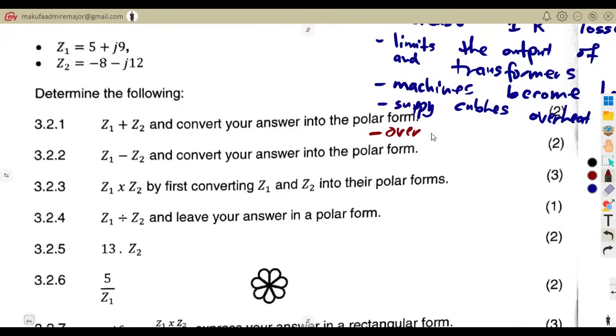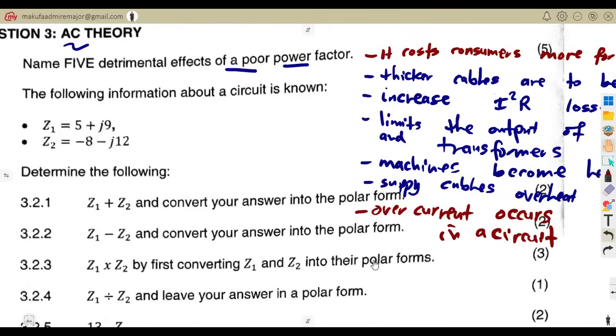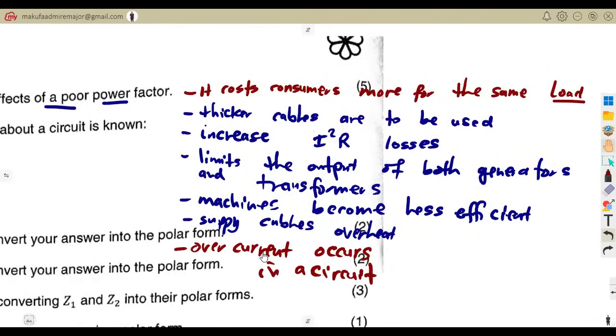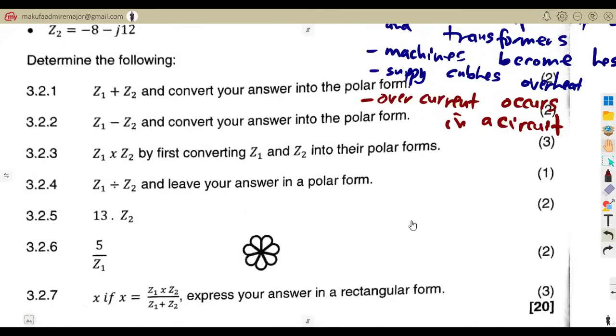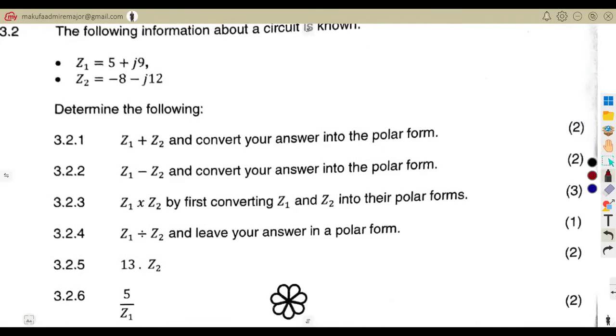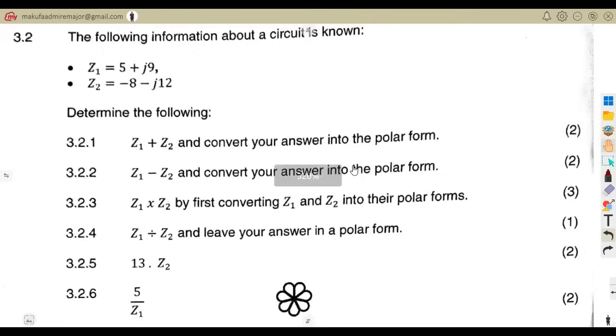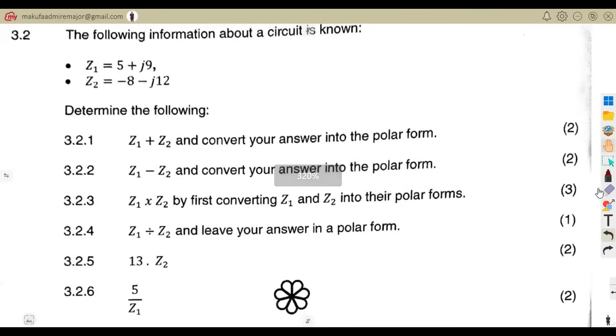There are so many. Like I said, if you have got any other, please just let us know. Let us add those that we actually do have. It can help someone in understanding these theoretical questions.